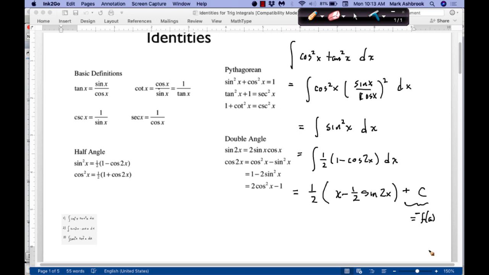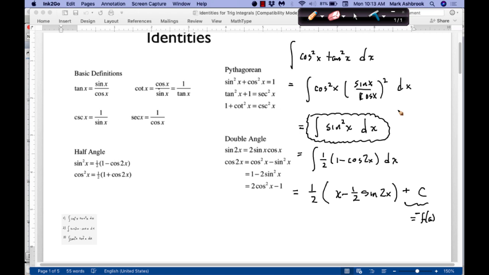Okay, questions on this one? So again, this is just kind of a fact that you have to memorize and always be on the lookout for. Whenever you have antiderivative of just sine squared or a constant times sine squared or a constant times cosine squared, you just have to have this memorized and be ready to use the half angle formula. But if that sine squared is multiplied or divided or added to any other trig function, then this doesn't apply anymore.